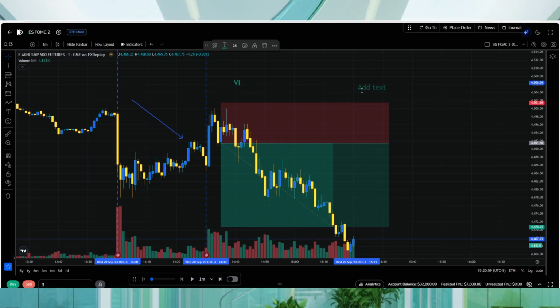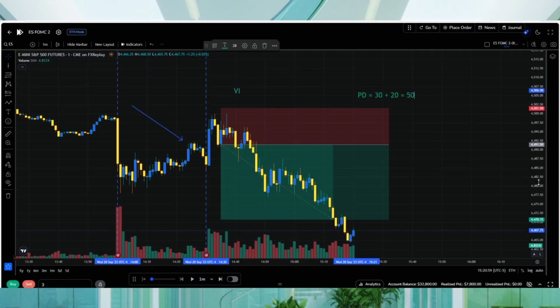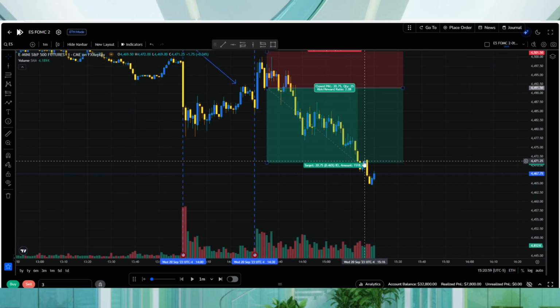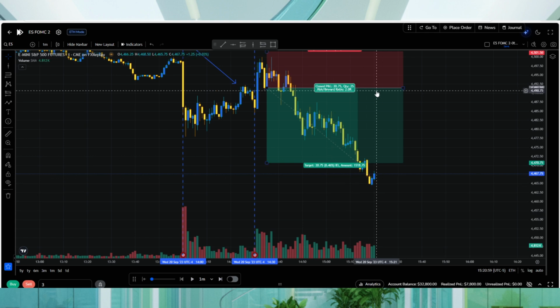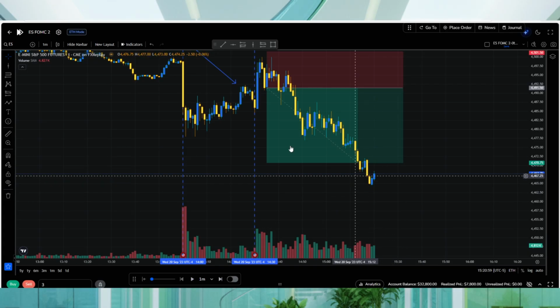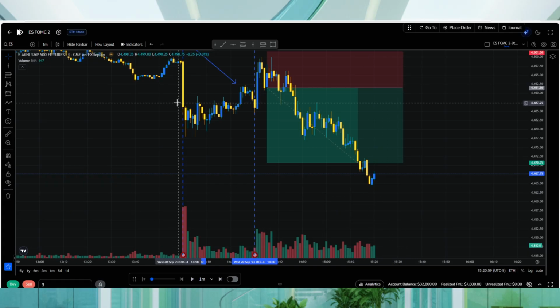So our PD, or points delta, is going to equal 30 points from the last trades plus 20 equals 50. All right, and so you could again take profit here and then let the rest run with a break-even stop for an extra 10 points, an extra 15 points.